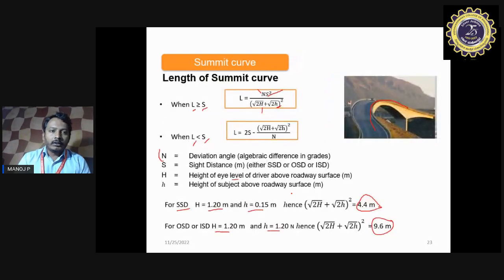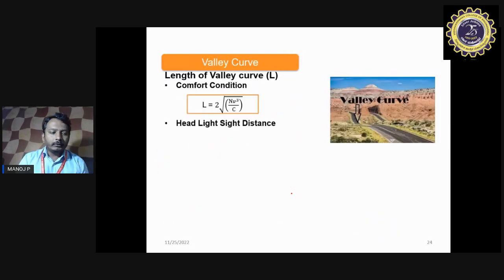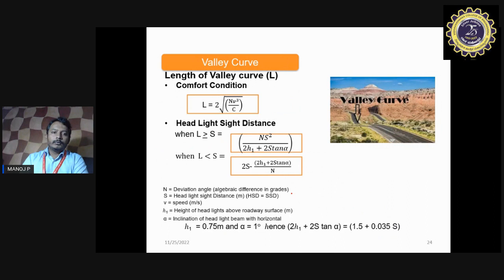That was for the summit curve, and this is the valley curve. Here, in a valley curve, when you have concavity or convexity downwards, we need to take into consideration the comfort condition, because when you provide a valley curve, the comfort condition is very important.